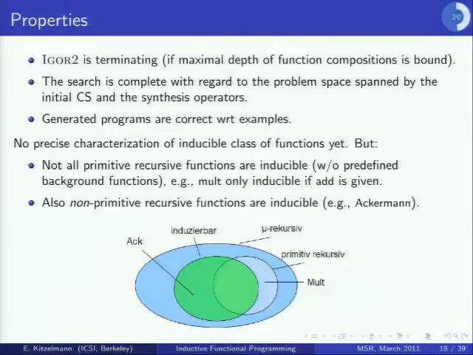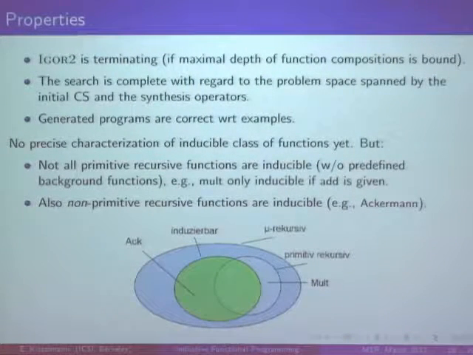Okay, some properties of IGOR2 are that it is terminating if we bound the maximum depth of function compositions, and the search is complete with regard to the problem space, which is defined by the initial candidate and the synthesis operators, because we apply basically a breadth-first search. And the generated programs are correct by construction with the examples.